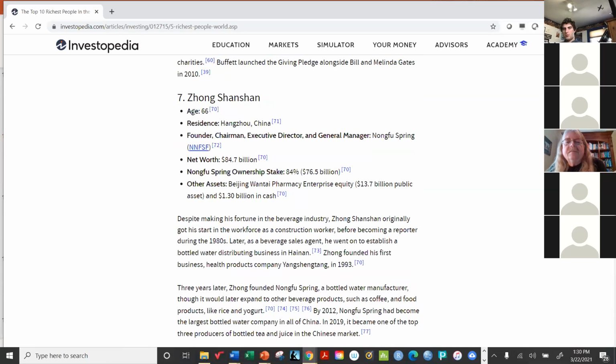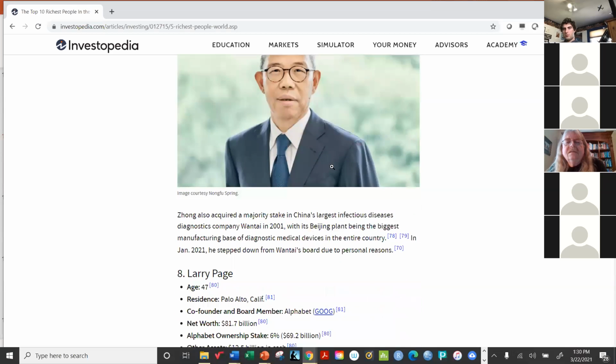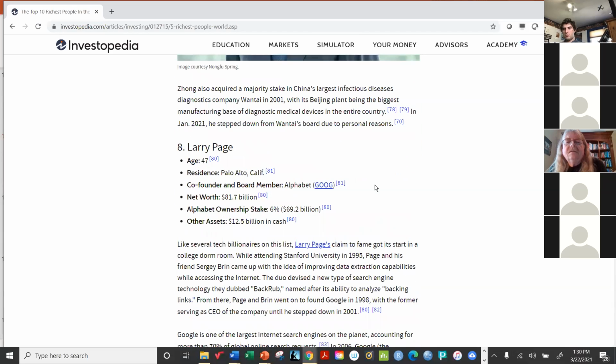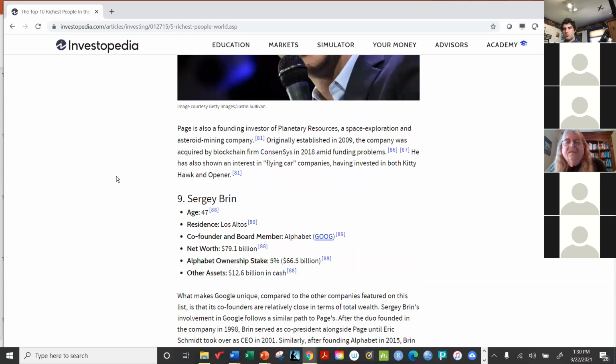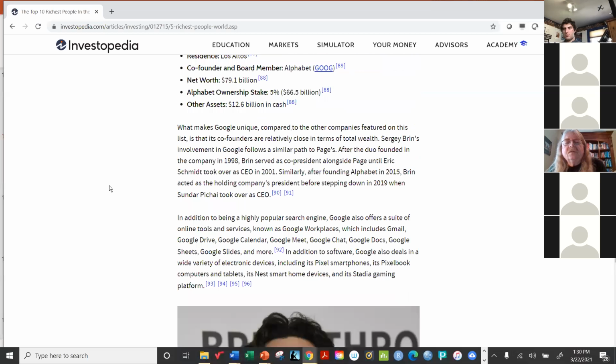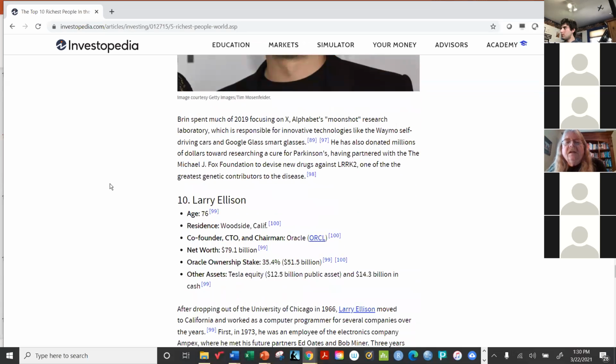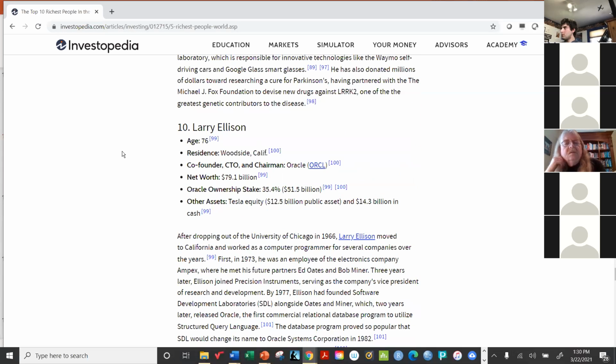Oh, okay. I don't know him. Zhang Shan. Okay. Larry Page. Oh, he was one of the co-founders of Google. Well, that explains that. Then we have one of the other co-founders of Google. And Larry Ellison, who founded Oracle, which is basically databases and hardware and stuff like that.